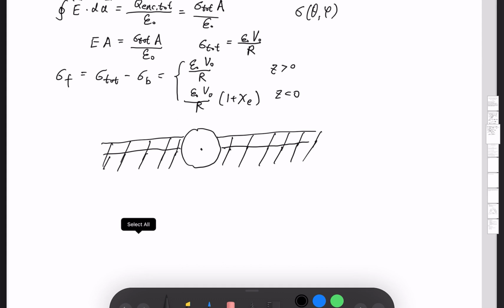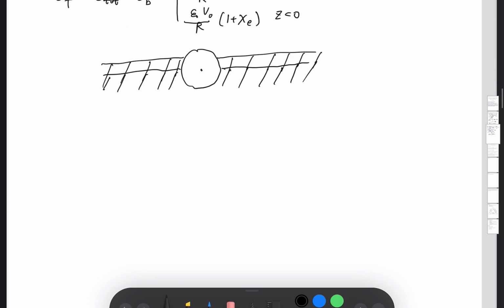Imagine that in this case, the D field itself should be coming out of this surface, so something like this.